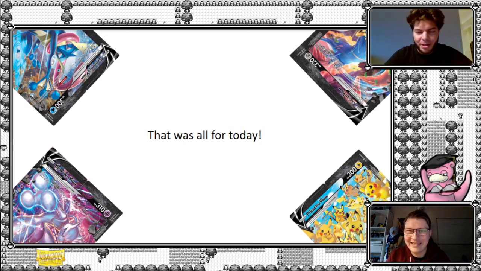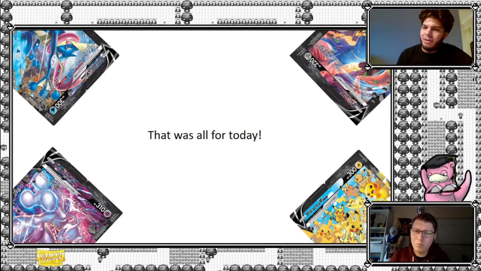Yeah, if I can point out that I think it's interesting that the probability of prizing these V-UNION cards decreases as you play more basic Pokemon. So you can make the argument that if you want to play V-UNION cards, you should play as many basic Pokemon as you can to increase the probability that you have access to all of them.